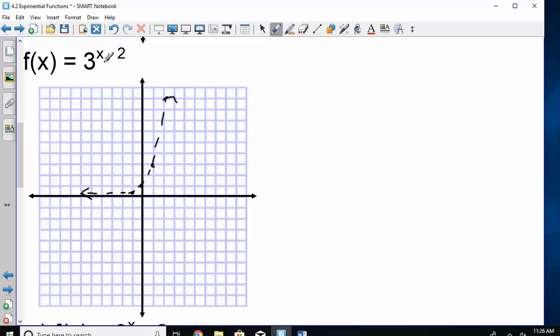What's the -2 doing to my graph? Yeah, if it's attached to the x, it moves left and right, does the opposite of what you think. So a minus will actually move it to the right 2.